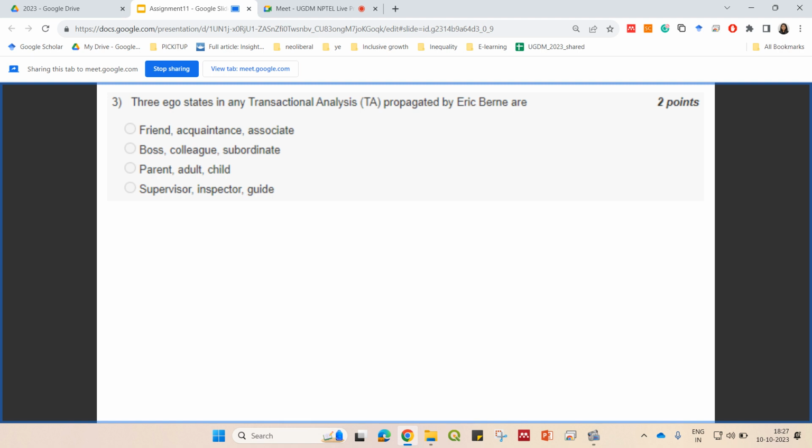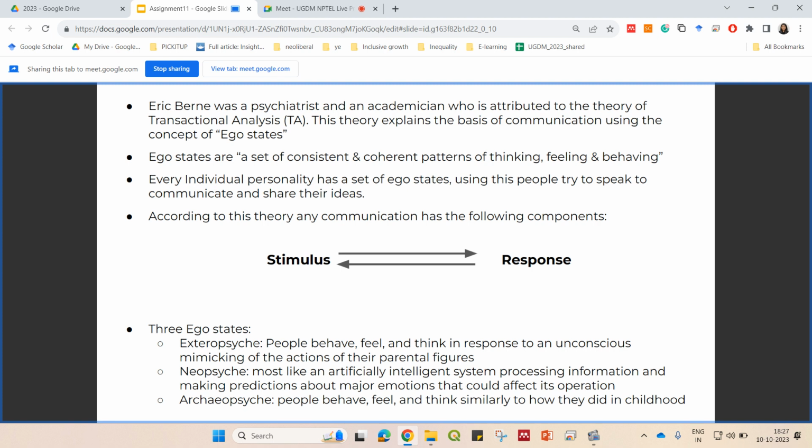This question talks about communication, how people communicate based on their different ego states. Eric Berne was a psychiatrist and an academician who is attributed to the theory of transactional analysis. What this theory does is that it explains the communication that different people have using different concepts of ego states.